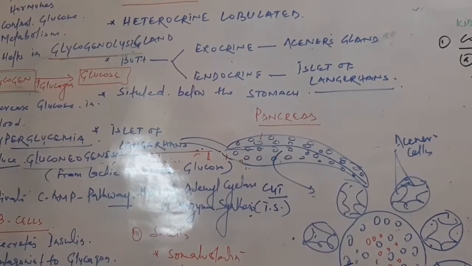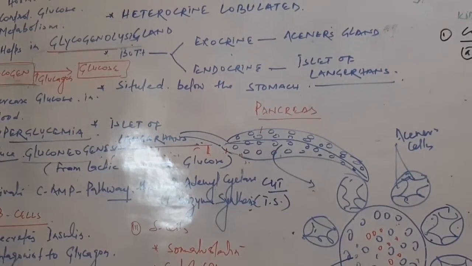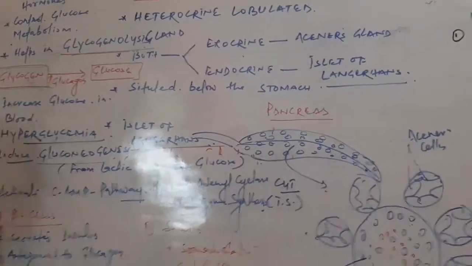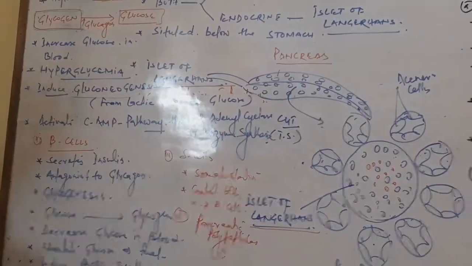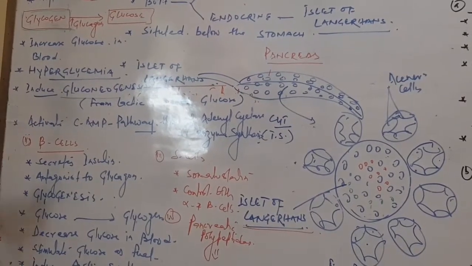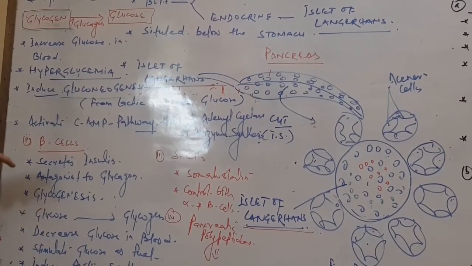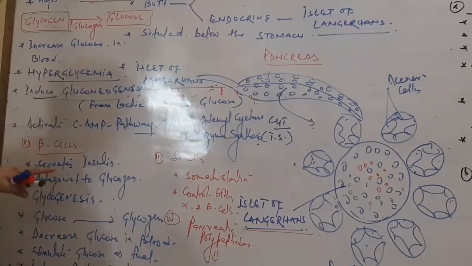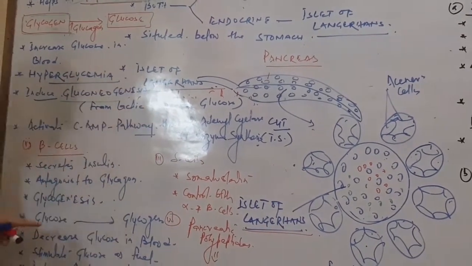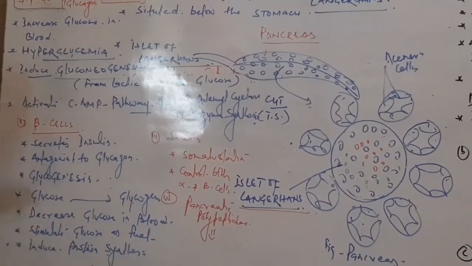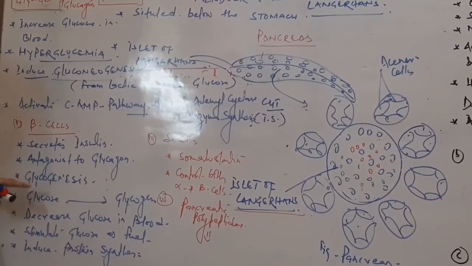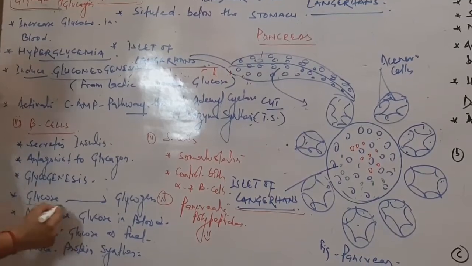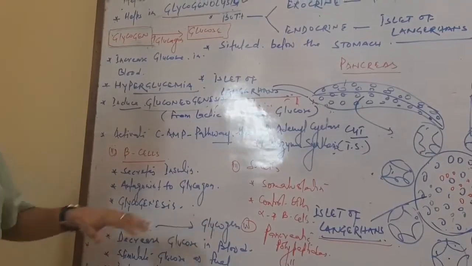Another hormone is insulin, which is secreted from the beta cells. Inside the islet of Langerhans, another type of cell present is the beta cell. Beta cells secrete insulin, and it acts as an antagonist to glucagon. Its main function is glycogenesis. It converts glucose into glycogen.